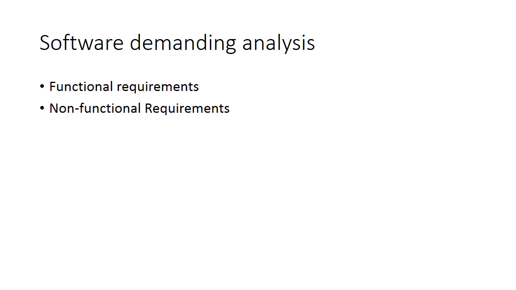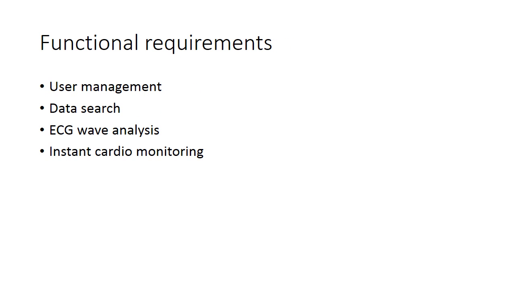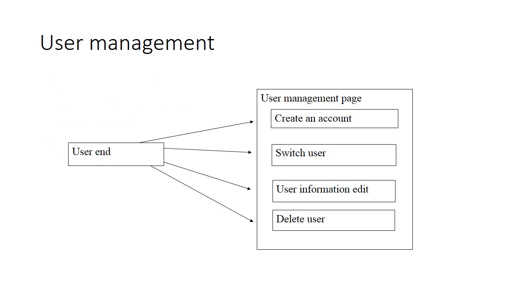The software demand analysis is divided into two parts: functional requirements and non-functional requirements. The functional requirements part includes user management, data search, ECG wave analysis, and instant cardio monitoring. User management.